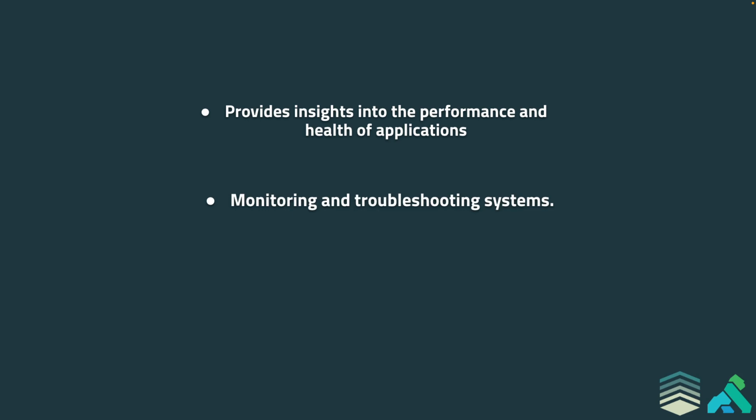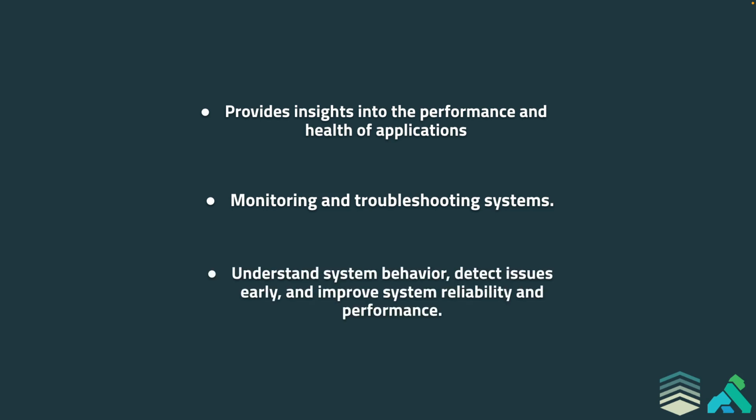So whenever there's an issue, you can have the information you need to work out how to resolve any of the issues. And it effectively gives you the ability to understand the behavior of your systems and hopefully detect issues early. So that's the proactive monitoring of your system and improve the performance and reliability of your platforms as well.